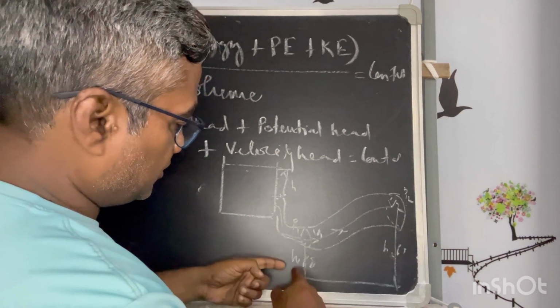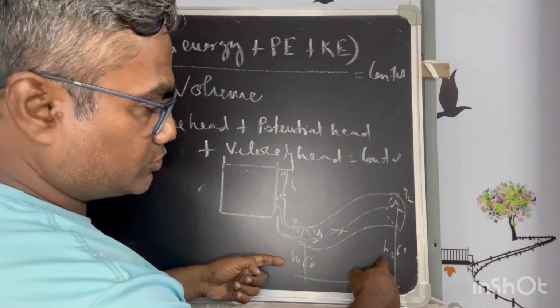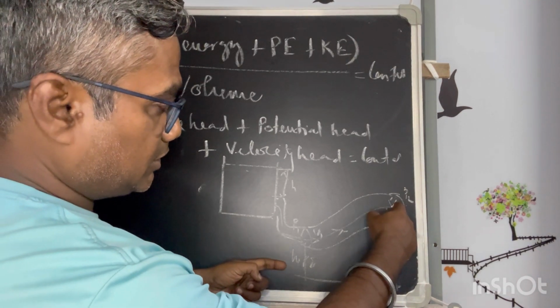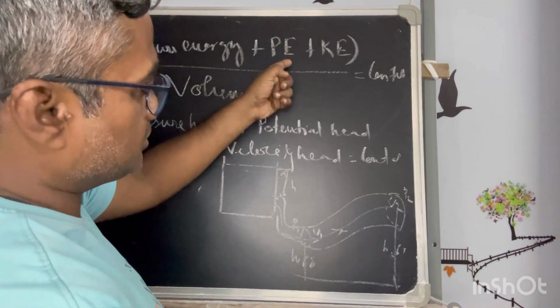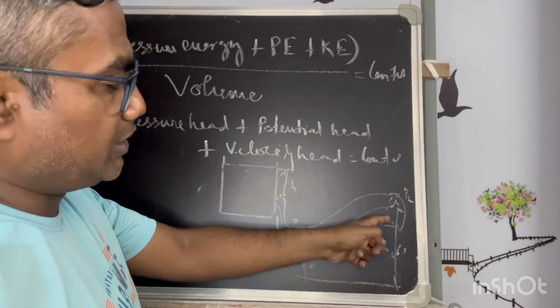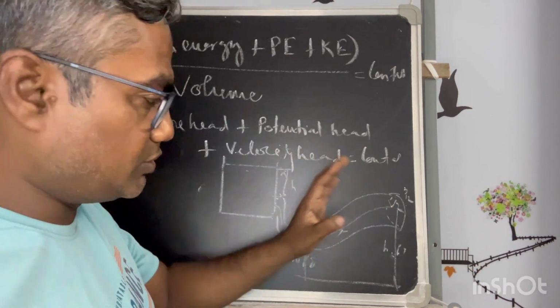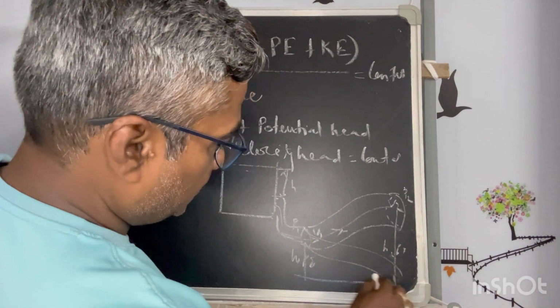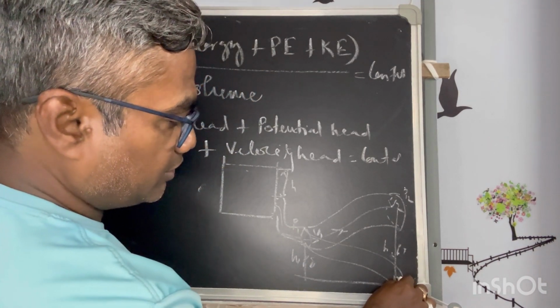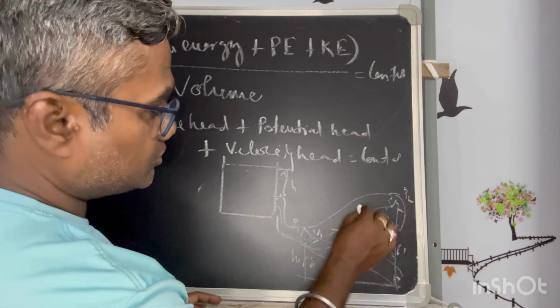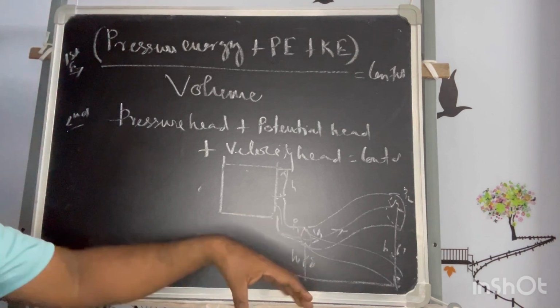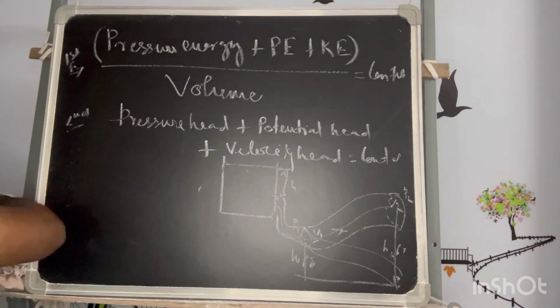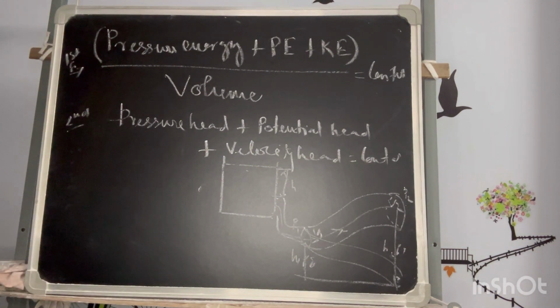So now you can see the height here is less, here is more. That means the potential energy here is much, so the kinetic energy will be less, and due to that velocity will reduce. Otherwise if it goes downward somewhere, the potential energy is less, so velocity will increase. That is the concept behind that.